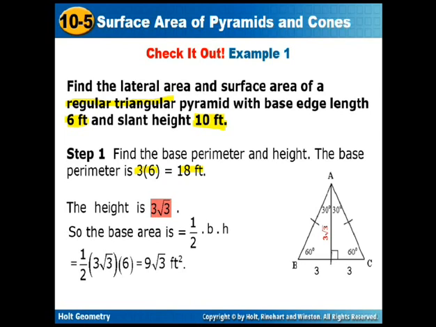Look at the figure. Again, we applied the special right triangles property, 30-60-90. This here is 3 and this is 3 radical 3. So this one is the height, 3 radical 3. We found here the base area, which is half times b times h, equal to 9 radical 3 square feet.